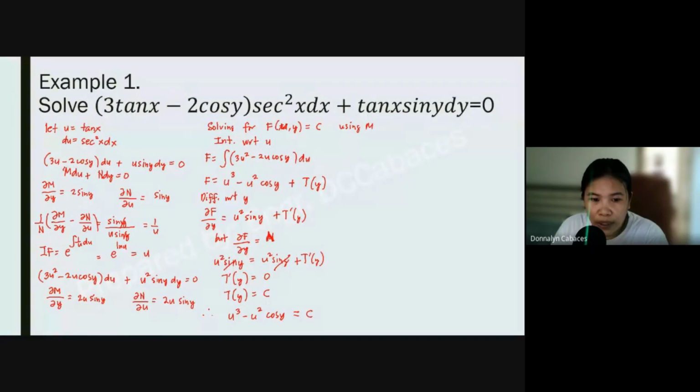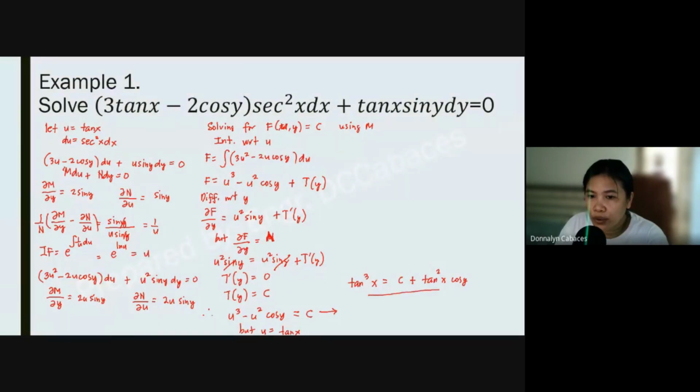Okay? But what is u? But u, initially, we assigned it to tangent x. Therefore, substituting it here, you have tangent cube x is equal to c plus tangent squared x cosine of y.